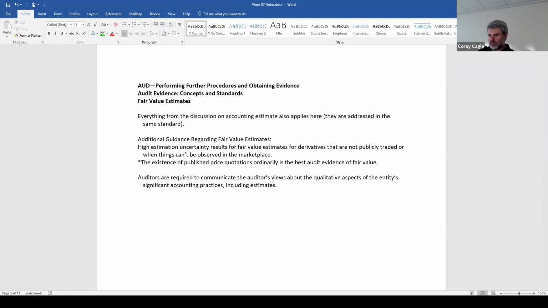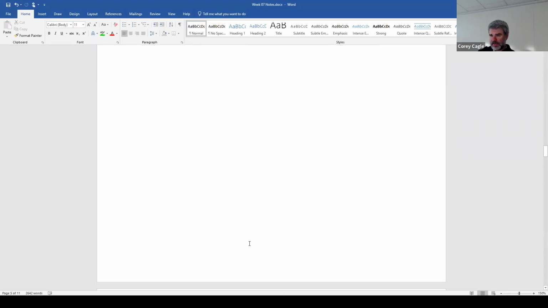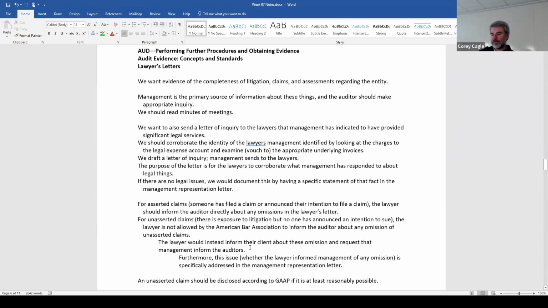So we introduced lawyer letters with that last problem. Let's talk about those now. We want evidence about completeness regarding litigation, claims and assessments and things like that. Why are we so worried about completeness?